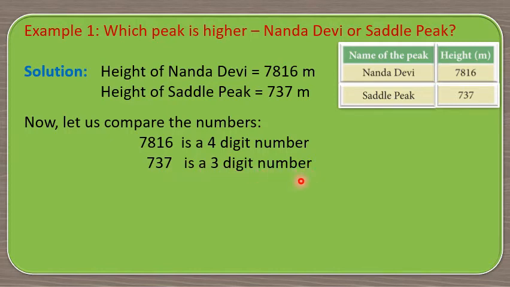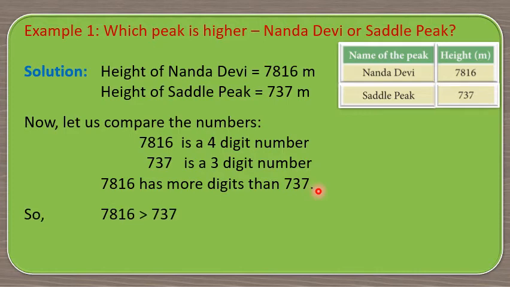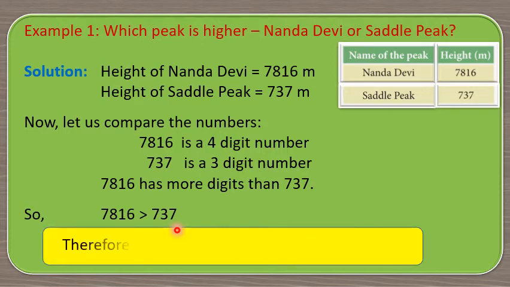So in such cases, we will follow step number 1 that we have studied earlier. 7,816 has more digits than 737. So 7,816 is greater than 737.